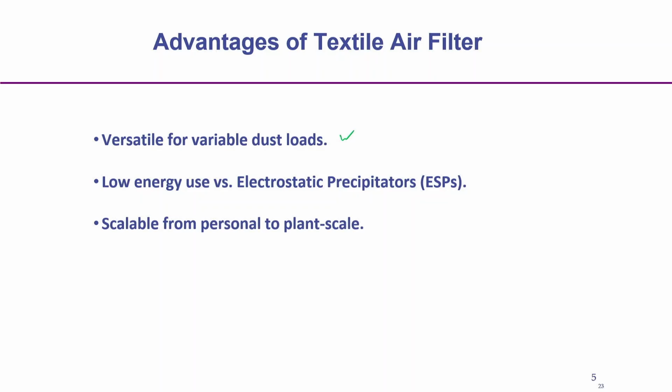Scalable from personal to plant scale. So, we can use this textile air filter for a wide range of applications, from personal protection to plant protection. Ultimately, if we use it in the plant scale, that will indirectly protect our human health.